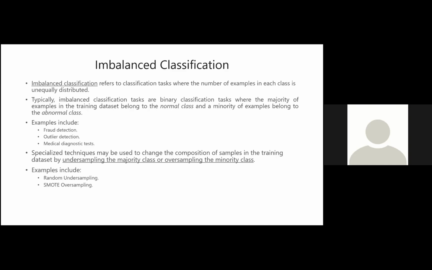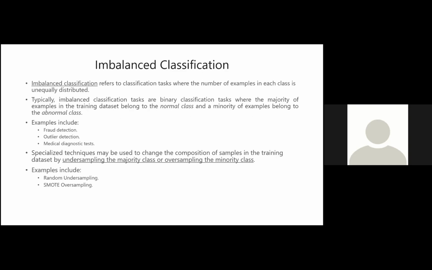Some examples of imbalanced classification are fraud detection, wherein only some users will have a fraudulent action. Another is medical diagnostic tests, wherein only some patients are diagnosed with diseases like cancer and tumor and so on.